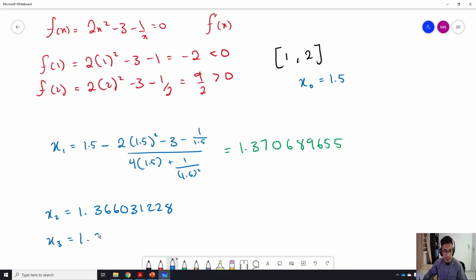So x3 is 1.3660254404. Now we compare x2 and x3. We can see that the first 2 decimal places are the same. Then we can conclude here that the root of the function is equal to 1.37. We round it to 2 decimal places. So that is our answer.